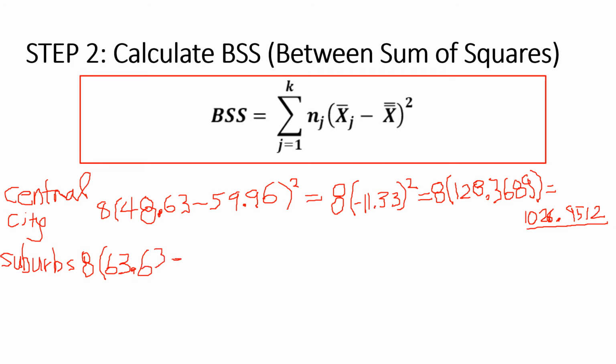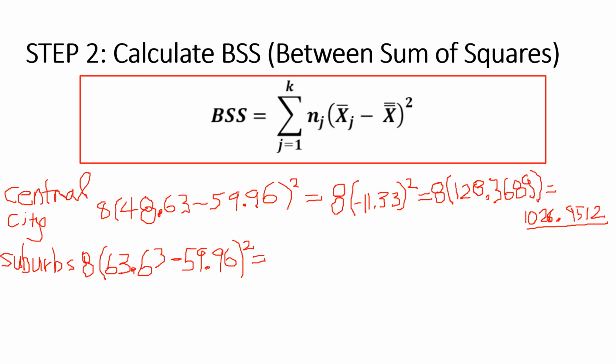Minus 59.96, squared, and that's going to equal 3.67.